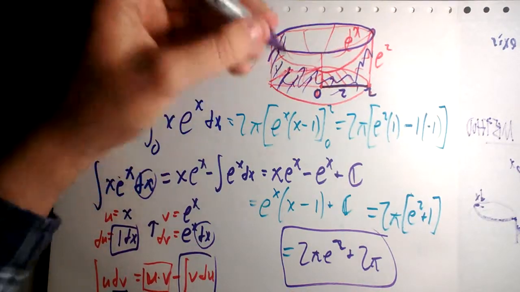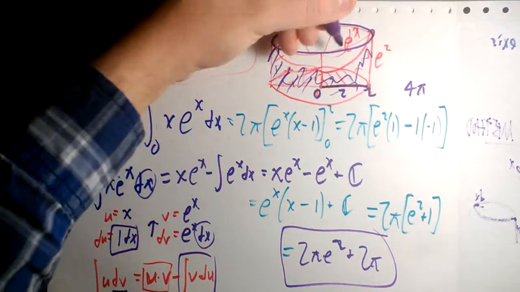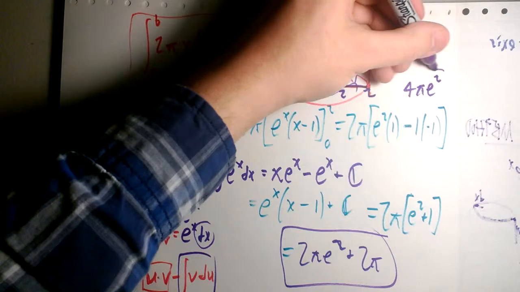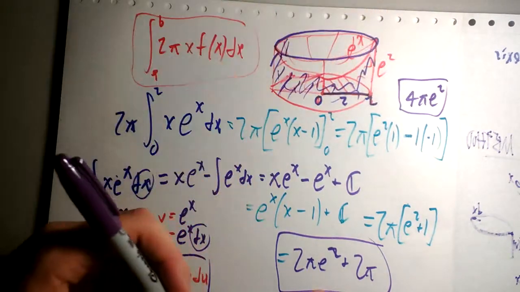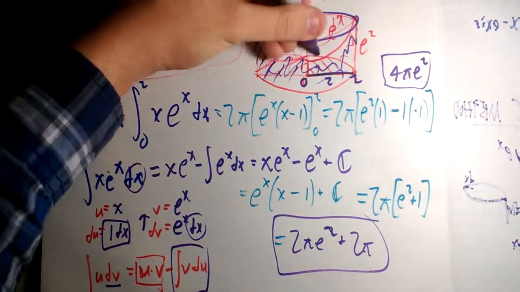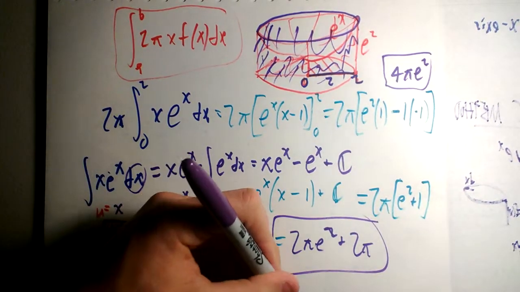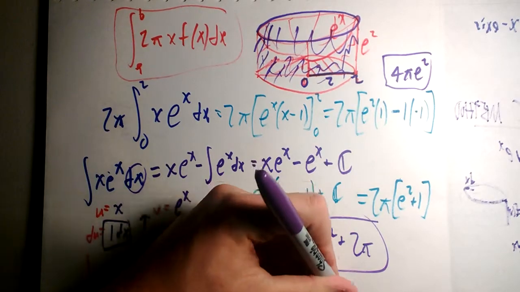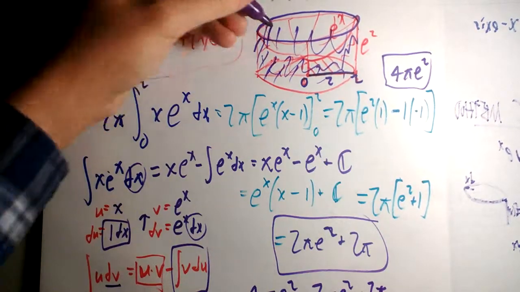So 2 squared is 4, so 4 pi is the bottom, and then we multiply that times the height. The height is e squared. So 4 pi e squared is the total volume here. If that's the total volume, and this is the piece that we took off, then what is this dome in the middle that we want to calculate? Well, easy. 4 pi e squared minus all this stuff. So 2 pi e squared minus, we have to subtract that 2 pi.